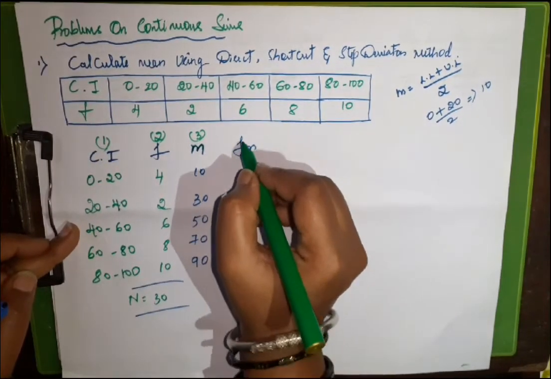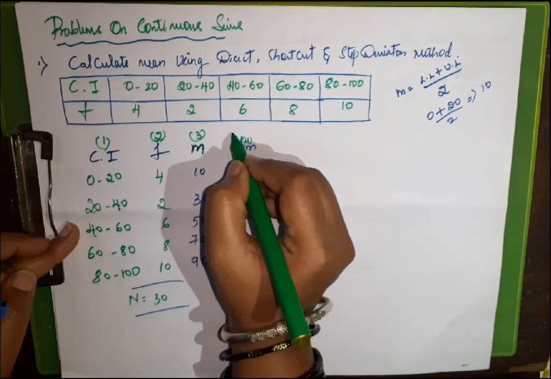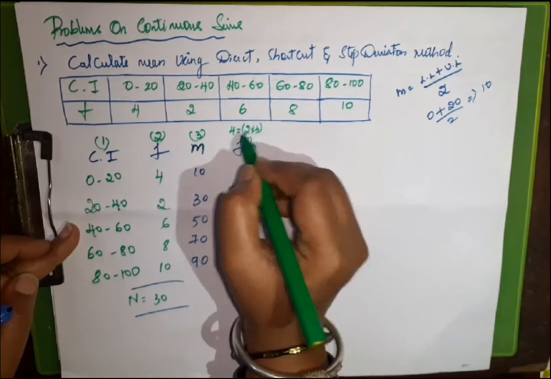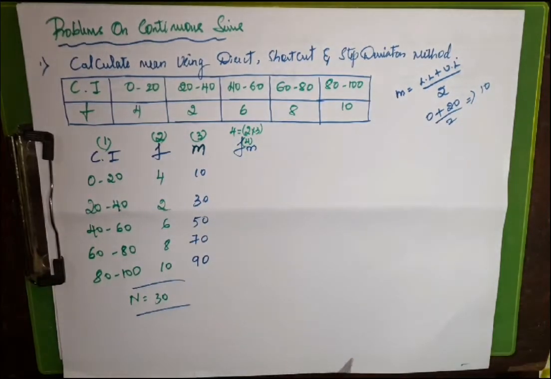This fourth column is equal to the multiplication of the second and third columns.